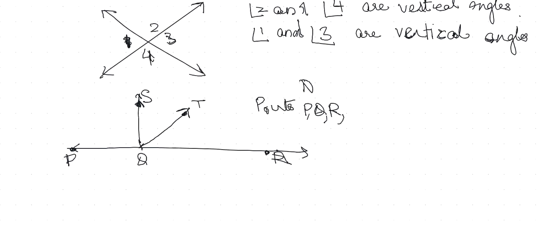Points PQR are collinear, and Q is between P and R.